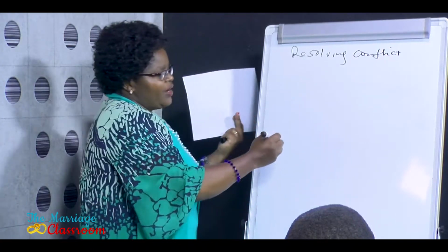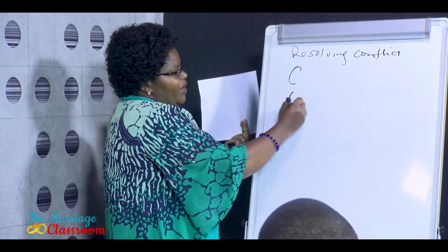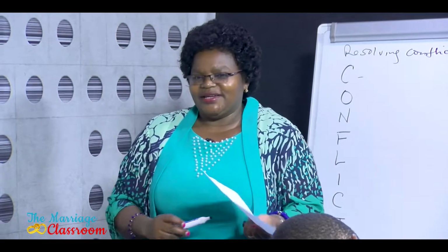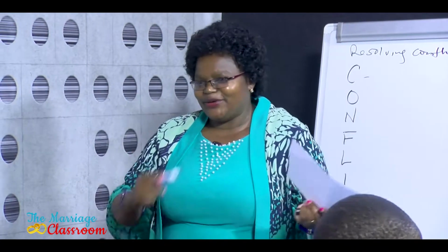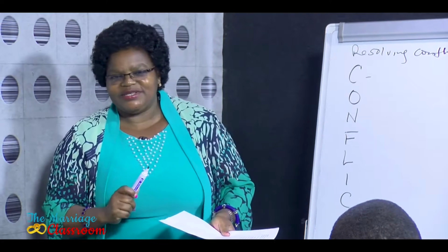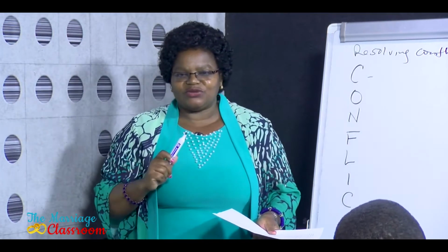So we are using the word conflict to help us. If you can write it going down, we'll be able to summarize all that we've learned and then use our case of John and Mary. You can help me: from all we did, what do you think C would stand for if we are now starting to solve conflict?